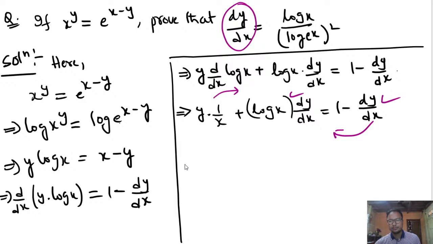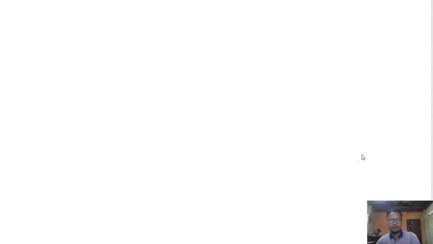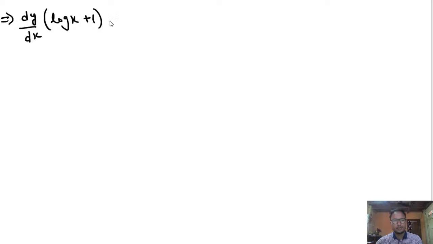So this implies log x dy by dx plus dy by dx equals 1 minus y by x, which is x minus y by x. Now if we take dy by dx common on the left side, what is left is log x plus 1, right?